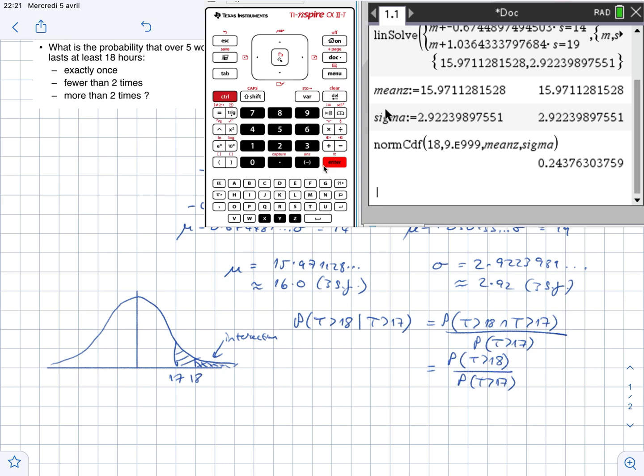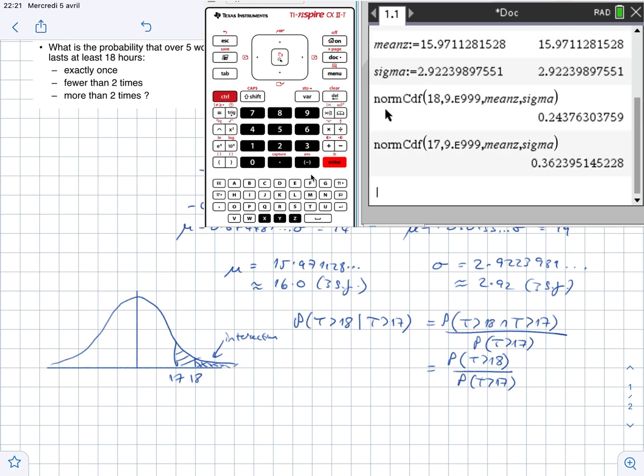And we could do the same now. I don't want to bother going all the way through, so just click up here and press enter or copy it down. I want to change this value here to 17. And there's my probability of being greater than 17. And then for the final probability, we want to do a fraction.